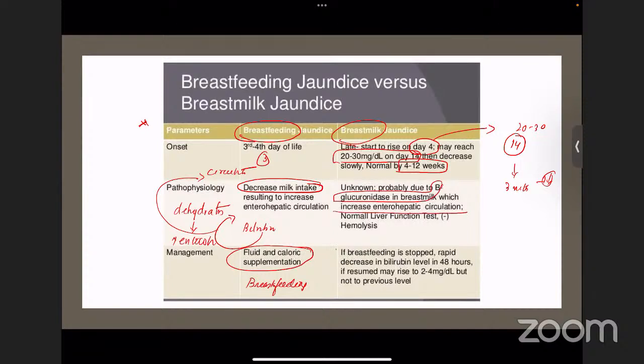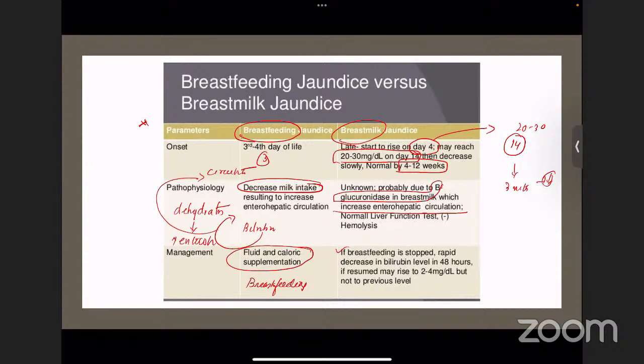In order to rule out whether this is because of breast milk, some doctors and scientists said that if you stop breast milk for the next 48 hours, the bilirubin will dramatically decrease to less than 10 or 7. Then you can diagnose.